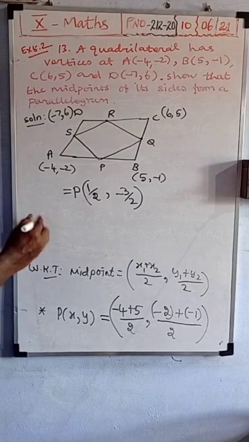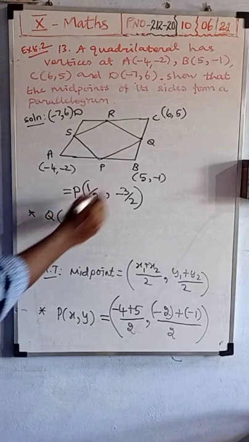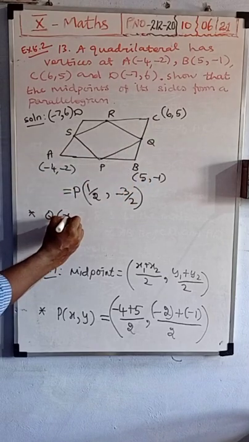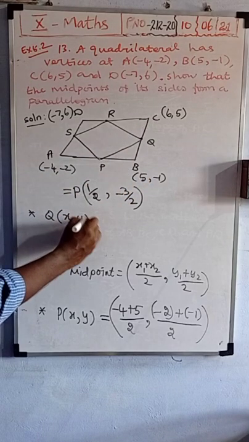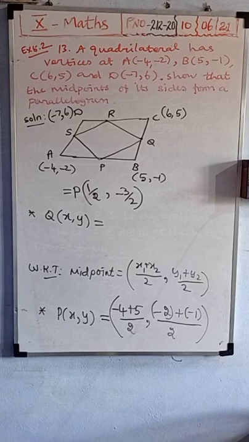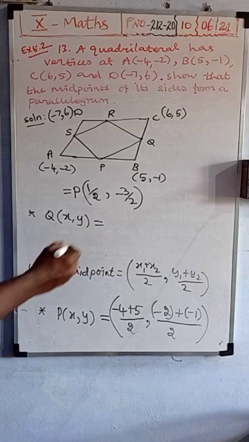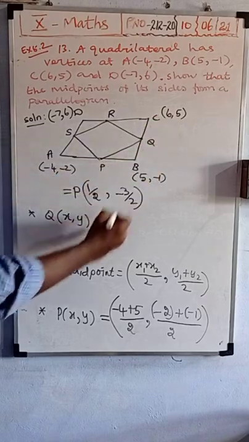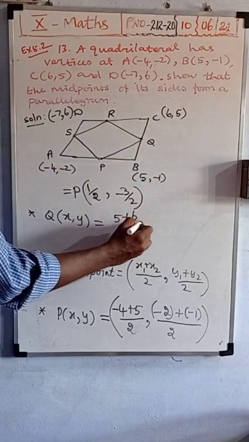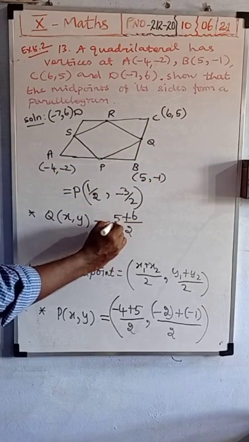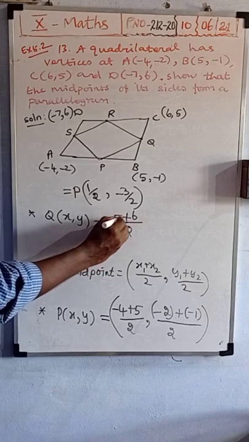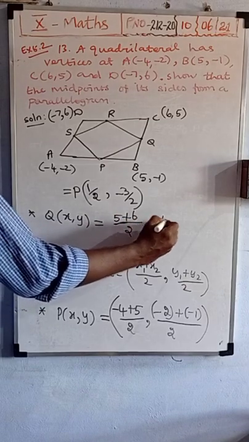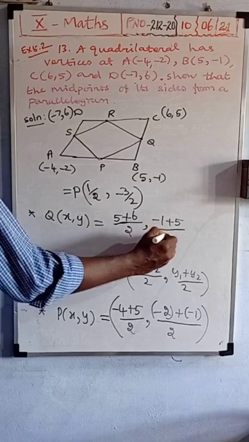Next, the Q point we want to find. Q is the midpoint of B and C. So Q of x comma y is (5 + 6) by 2, comma (-1 + 5) divided by 2.